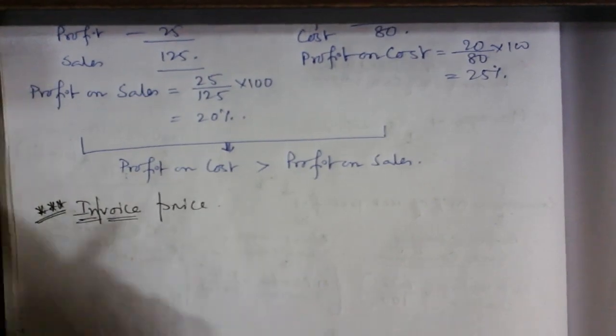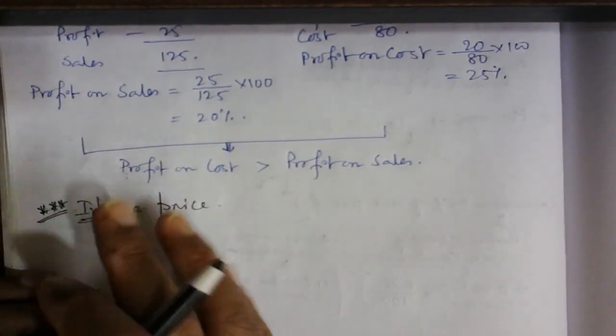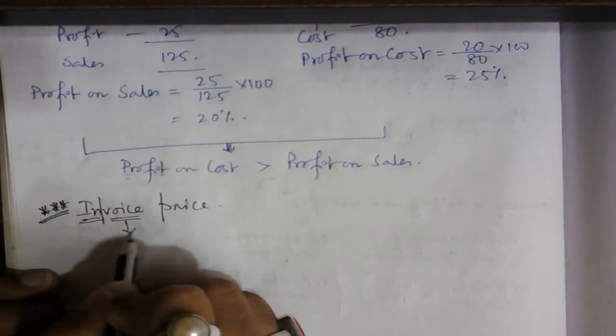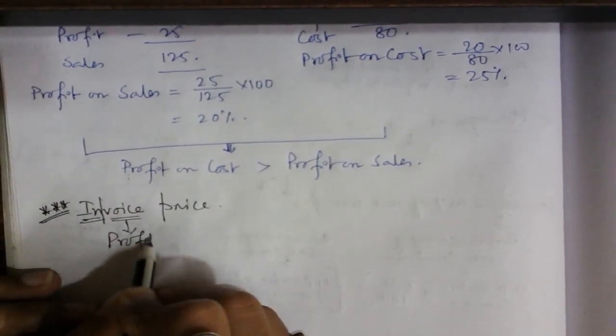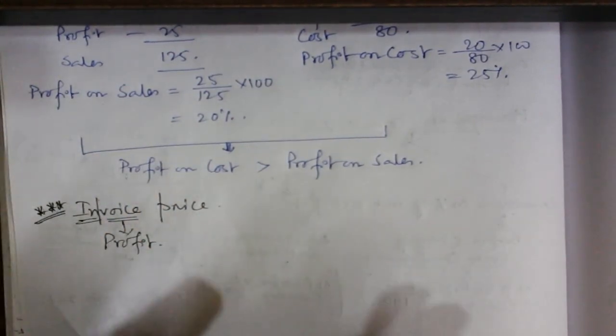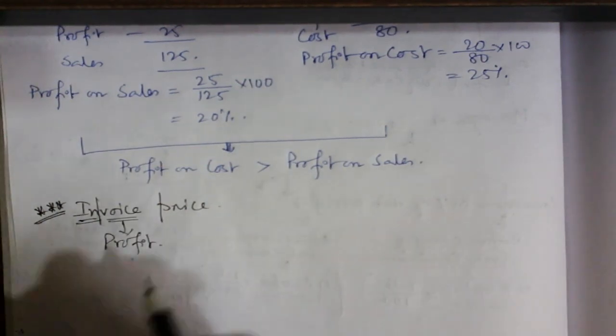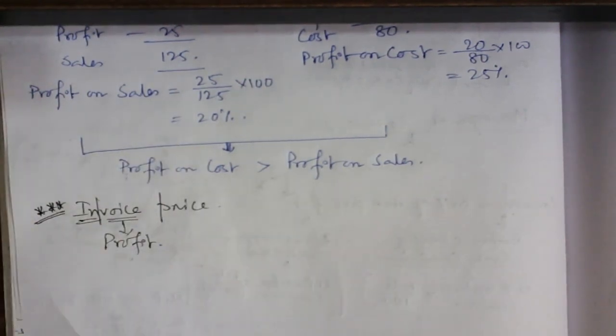Invoice price means something with respect to the price. What is in it? Profit. Because obviously cost should be part of the price. It is quite basic. Cost definitely should be part of the price. But what is included in it is the profit.